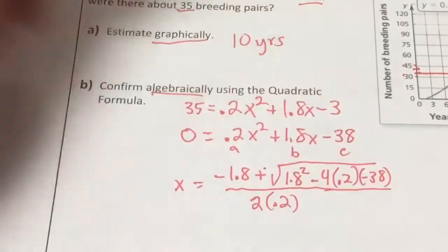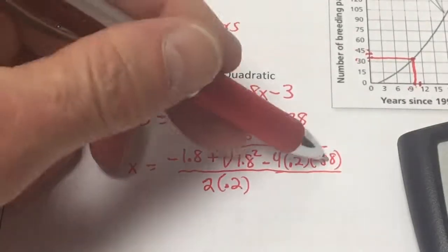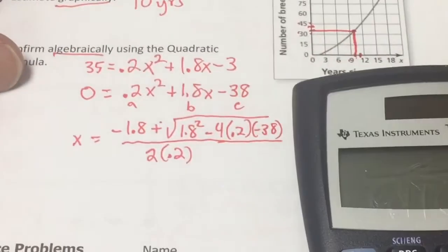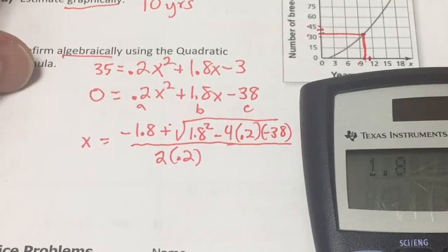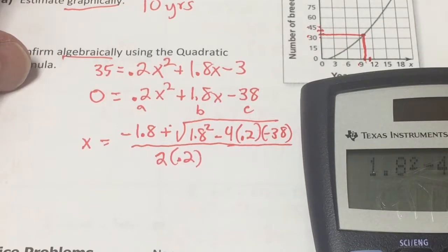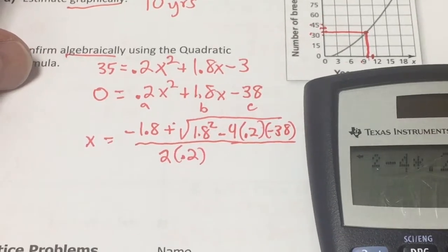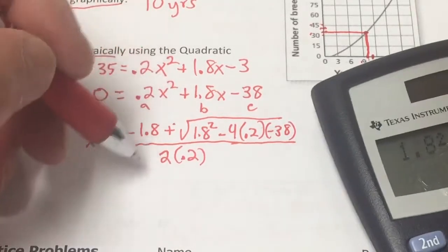Okay, so what we want to do is first do this calculation underneath the radical. So that's going to be 1.8 squared minus 4 times 0.2 times negative 38, and we're going to get 33.64.